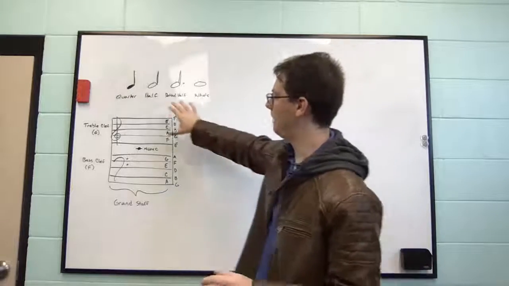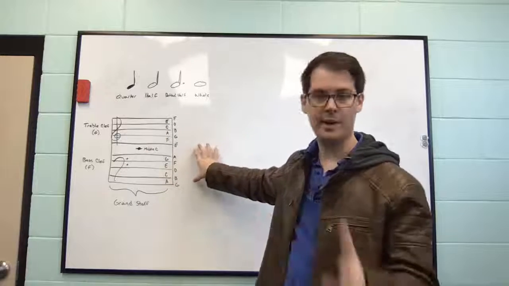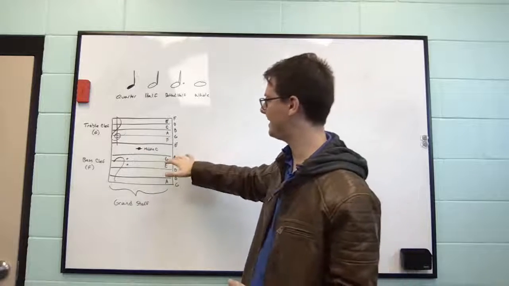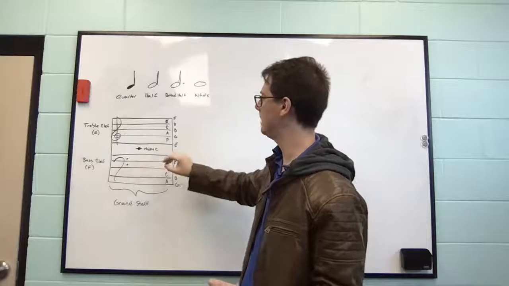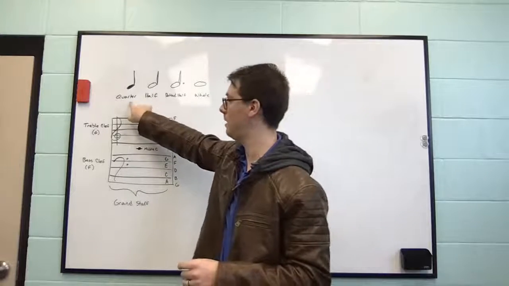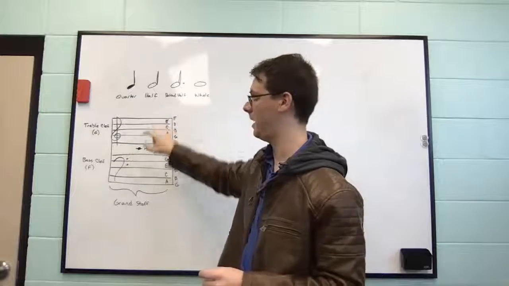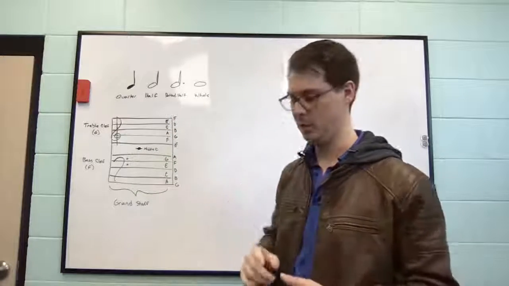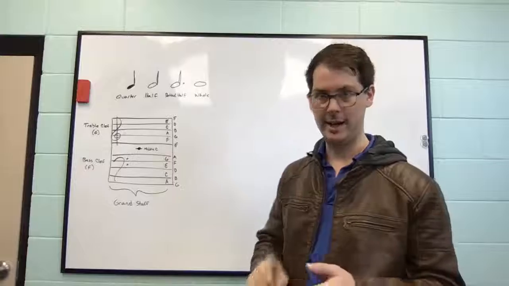Now, what we have over here is our grand staff. Our grand staff tells us what note to specifically play. So depending upon what note is placed where, that will indicate what note we're going to play and for how long.